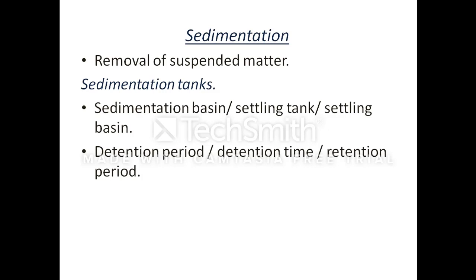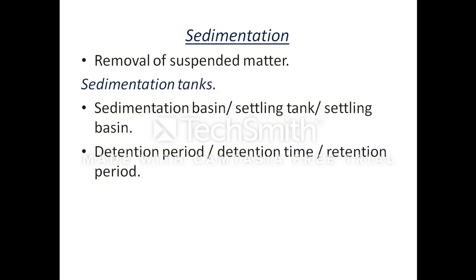The first process to be done is sedimentation. In sedimentation, what is done? The suspended matter is removed from water. It includes plain sedimentation, in which suspended matter is removed by simply settling down. And in sedimentation with coagulation, the coagulants or some chemical substances are added to water.